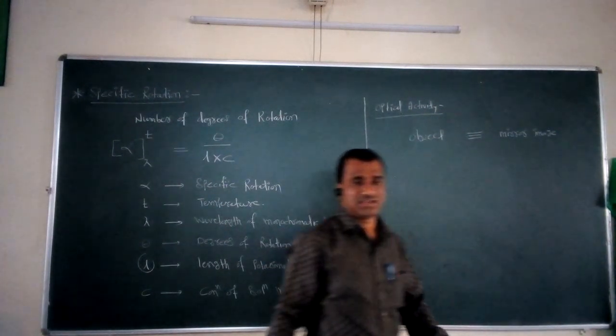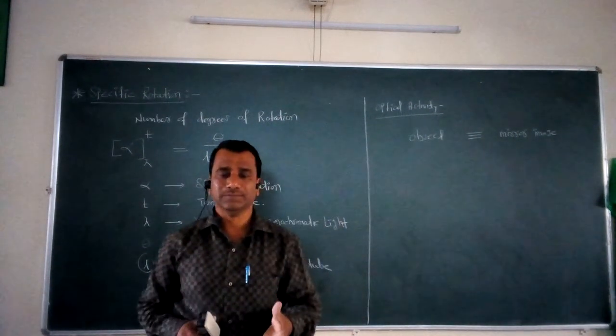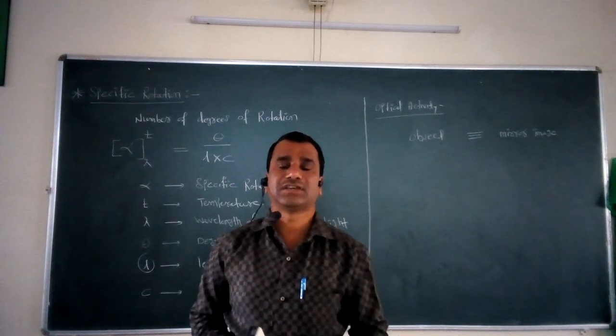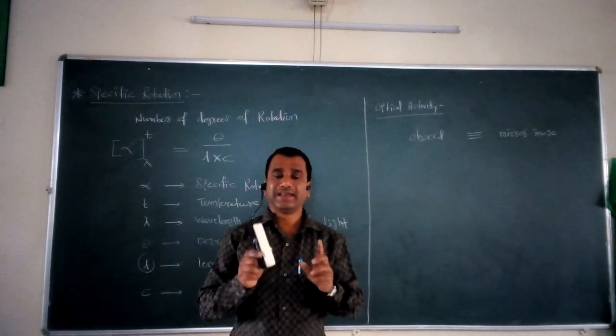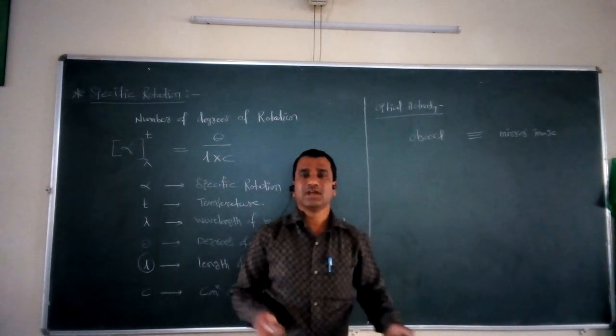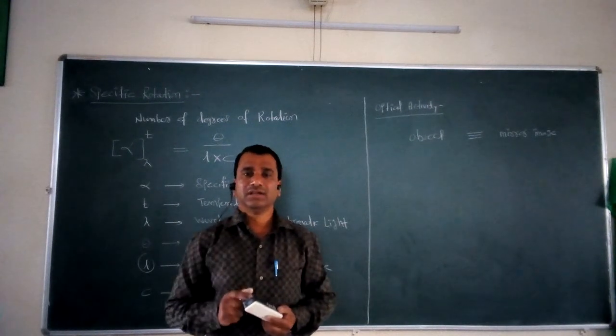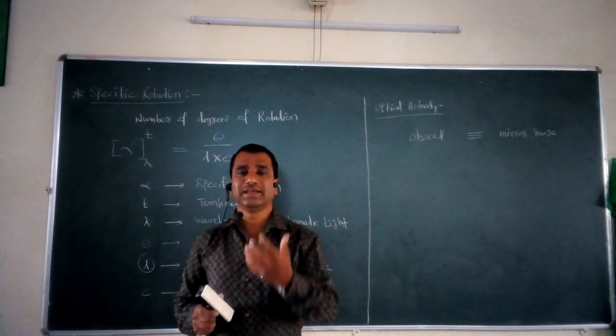Suppose in this case we consider the object as our molecule and we consider its mirror image. By taking into consideration the relationship between the object and its mirror image, we can say whether that molecule is optically active or inactive.